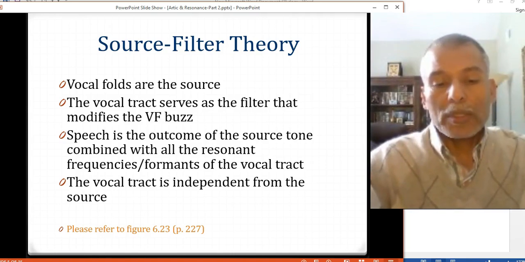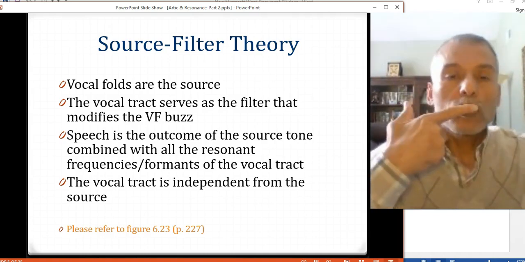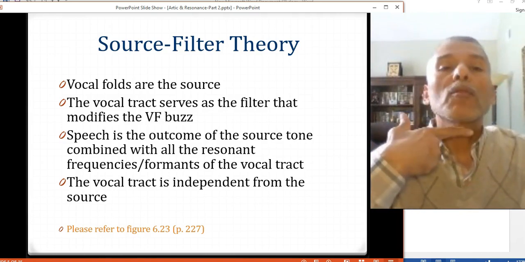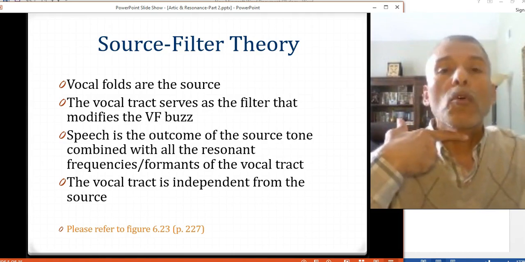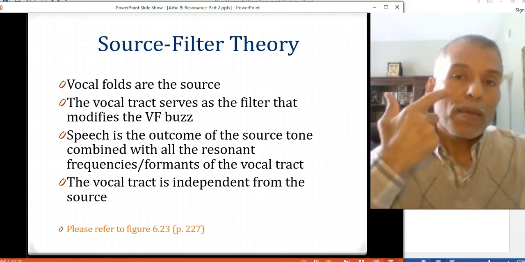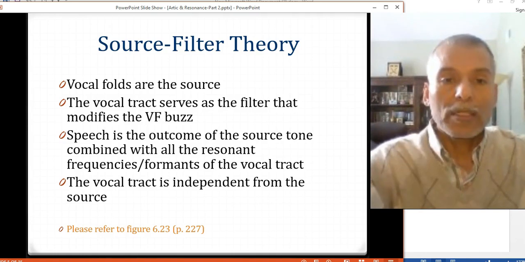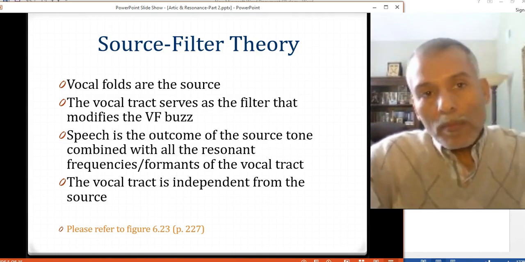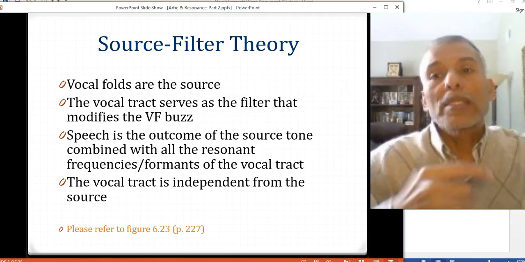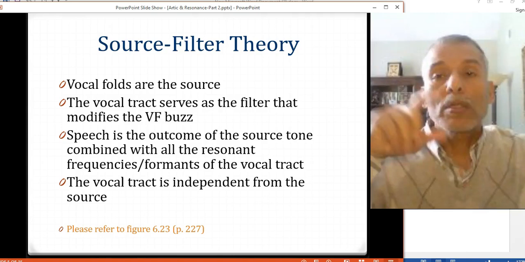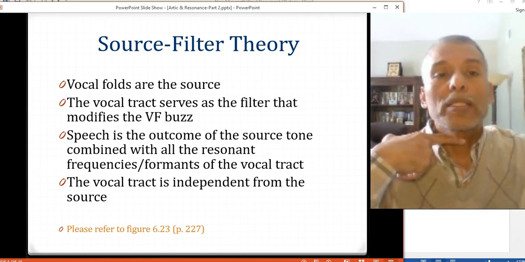This theory explains how the sound that we hear is the product of the fundamental frequency of the vocal fold and the filtering mechanism that's in the vocal tract. So in this case, the source is the vocal fold fundamental frequency, the original sound that is produced.